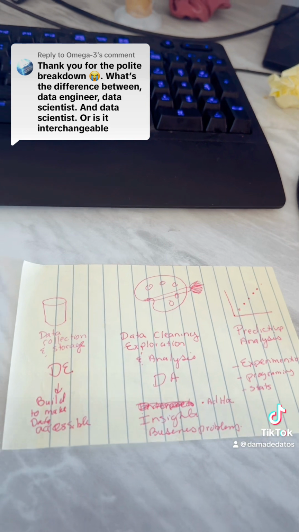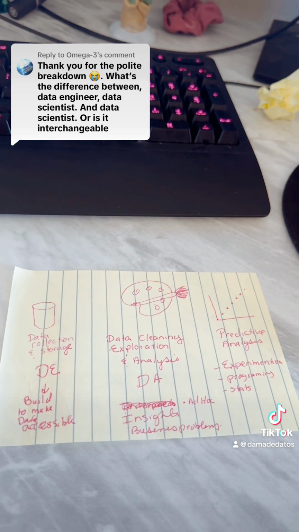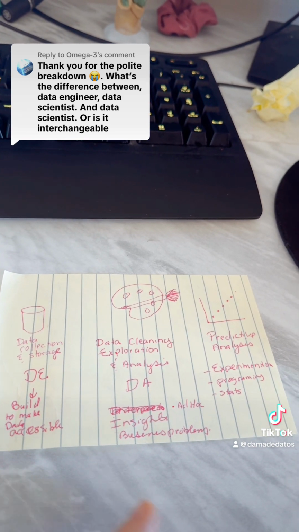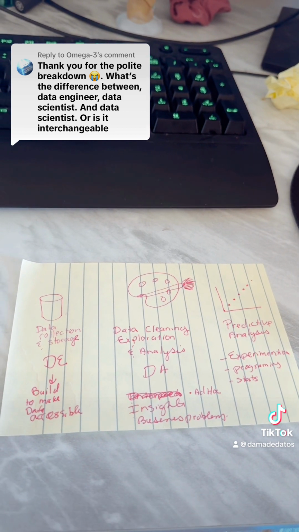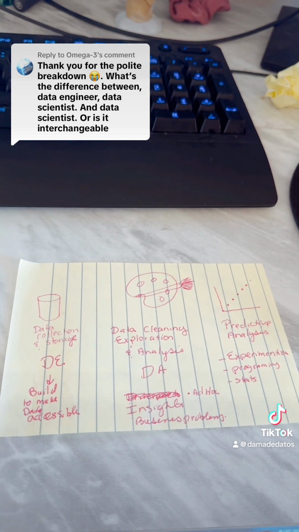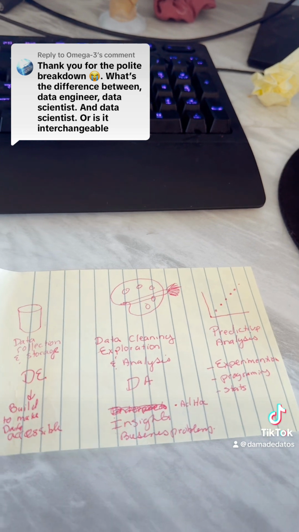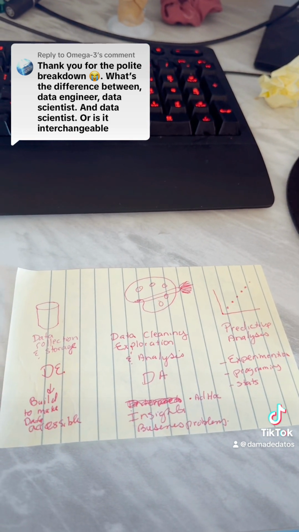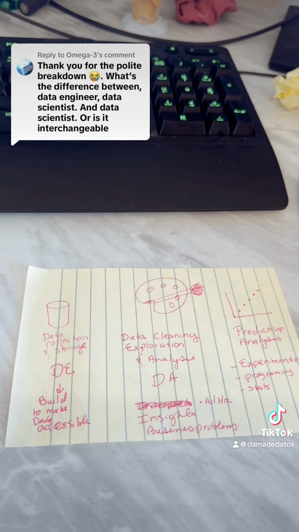Now, I will say there's going to be overlap with some of these items, because when I've interviewed for different companies for a data analyst position, they'd be like, well, have you done ETLs? Have you built data marts? Have you done stored procedures, views, and all this stuff? I know that isn't high level, but they would ask me data engineering questions, like how many times I've done pipelines or ETLs of moving data.